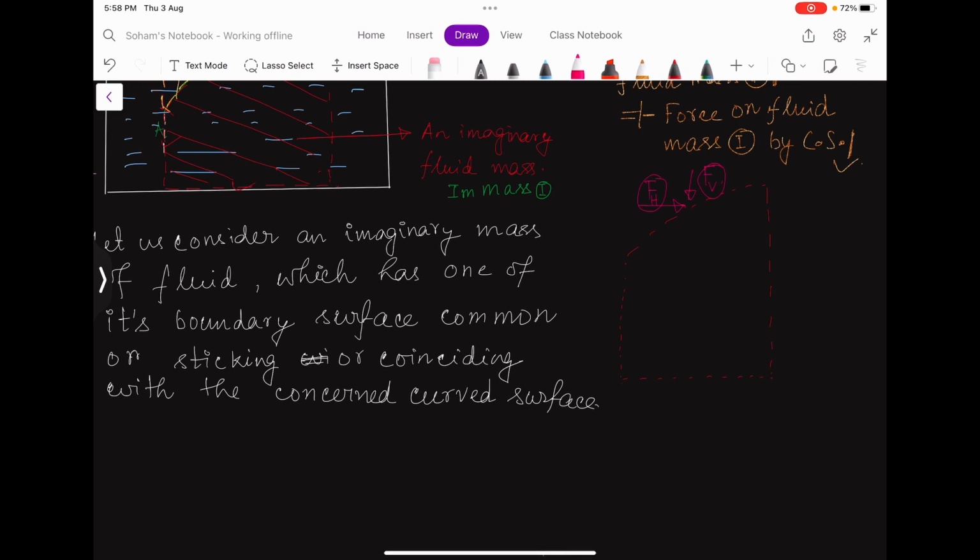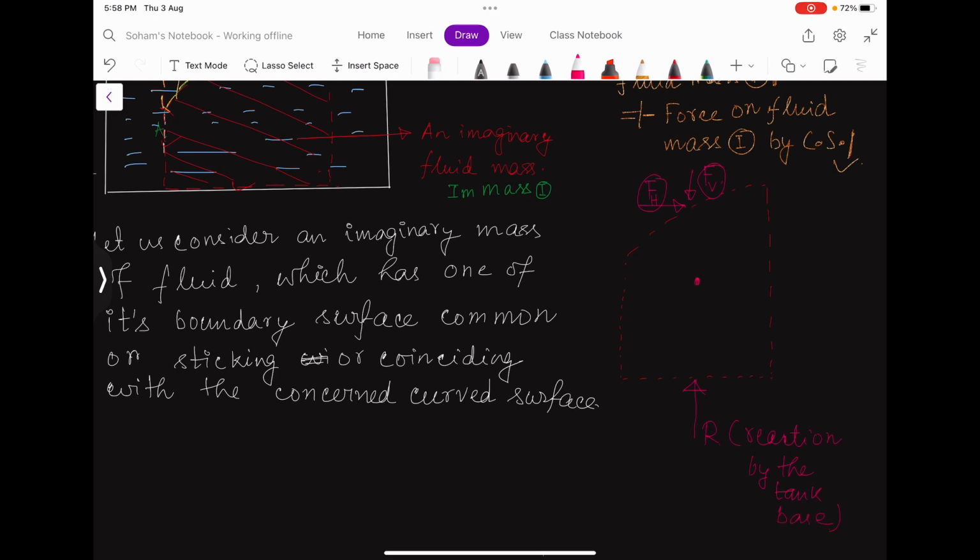Now, what are the other forces acting on this fluid mass? One force can be this reaction force, which is the reaction by the tank base. Clear?